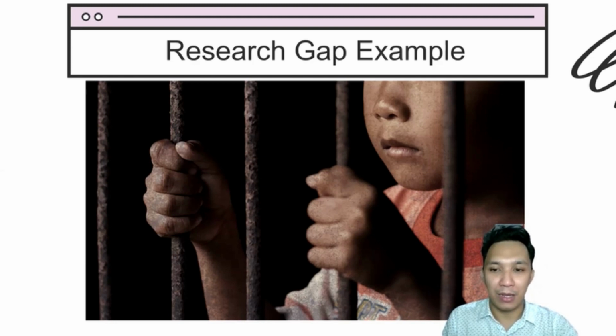So your research gap, if your topic is about juvenile delinquency, might be about the gender differences of those who are being imprisoned in their juvenile ages.